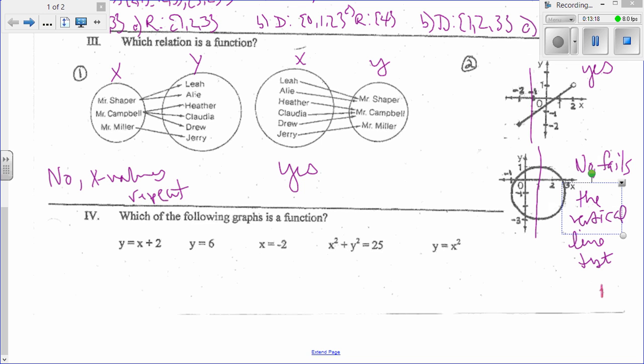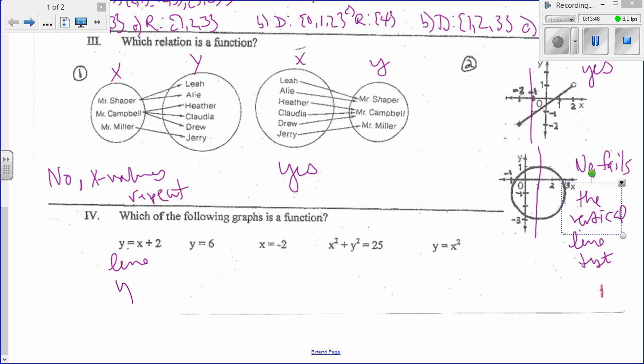For number 4 here, which of the following graphs is a function? Well, y equals x plus 2 is just a line. And you should know that a line, a linear function, is actually a function, all right? So what you want to do is think about what the graphs of these look like. So this is a line.